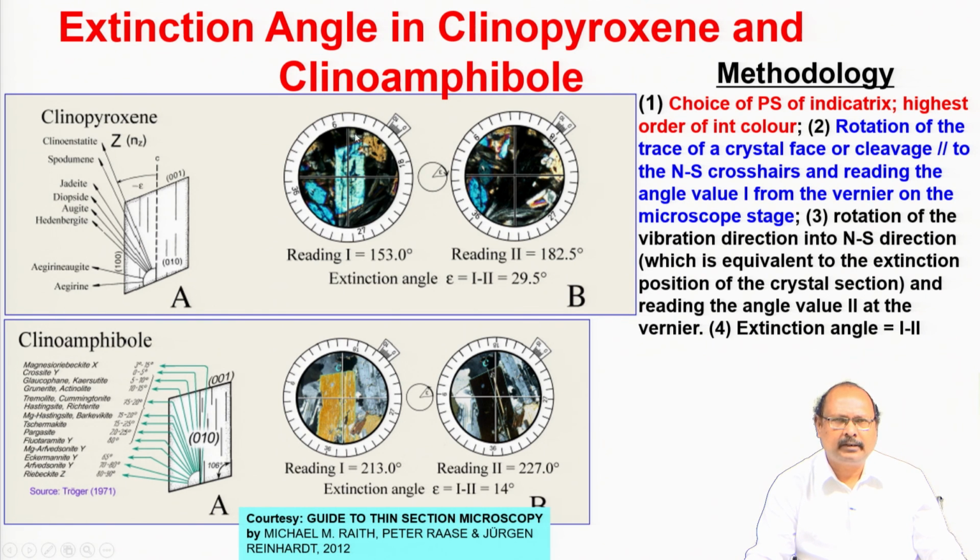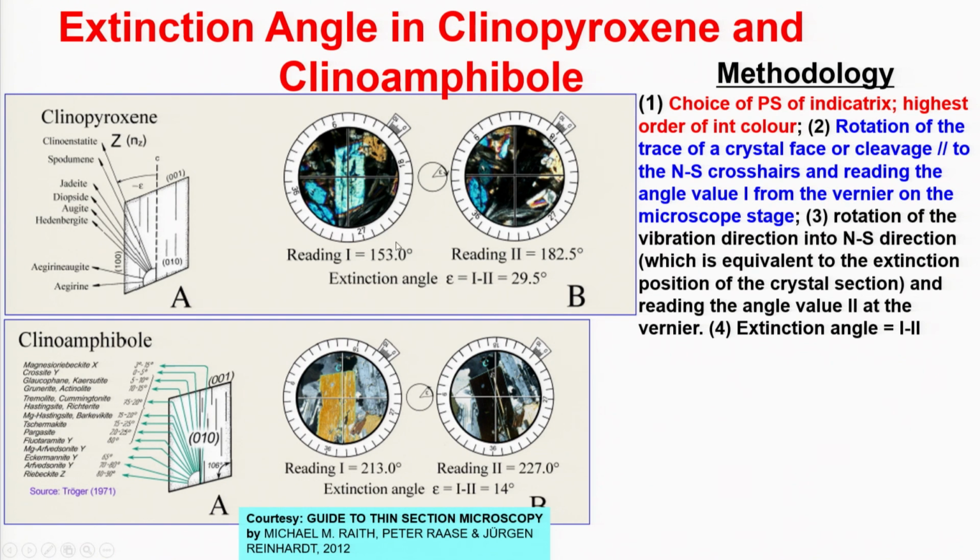So, how do we determine the extinction angle? You take the 0 1 0 plane, which is your principal section of the indicatrix, which has the highest order of interference color of that mineral. You rotate the trace of the crystal face or cleavage parallel to the north south crosswire. This is the direction here, and you take the reading from the goniometer stage.